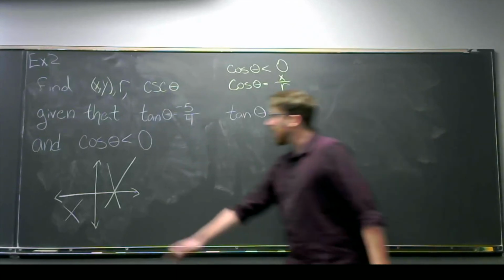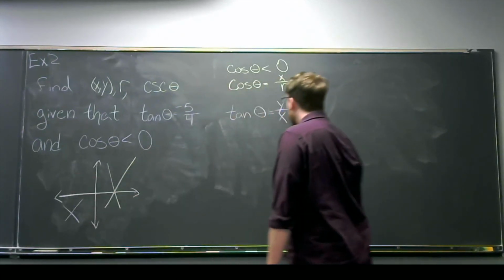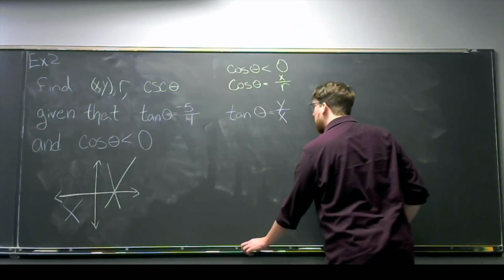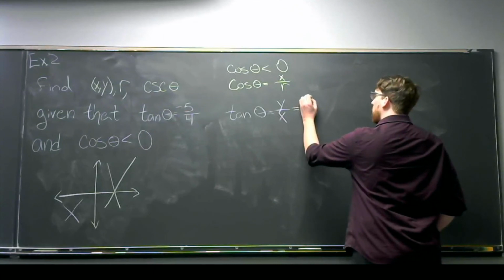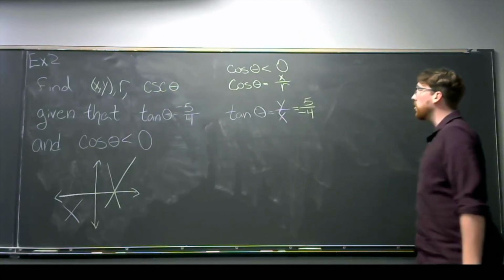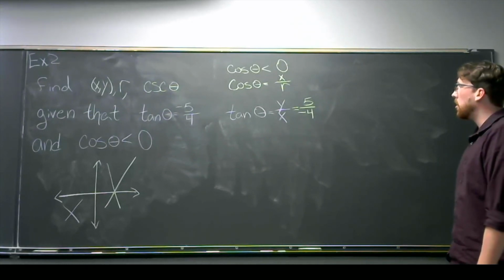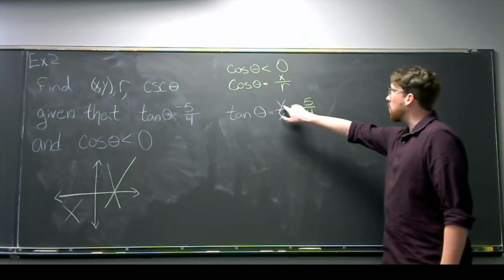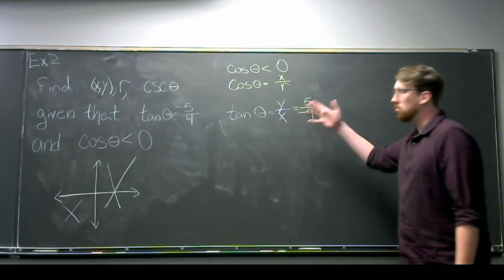So this tells us that our coordinates must be over here somewhere, right? But conveniently, we know that our tangent is equal to negative 5 over 4. So we can say that y is equal to 5 and x is equal to negative 4.